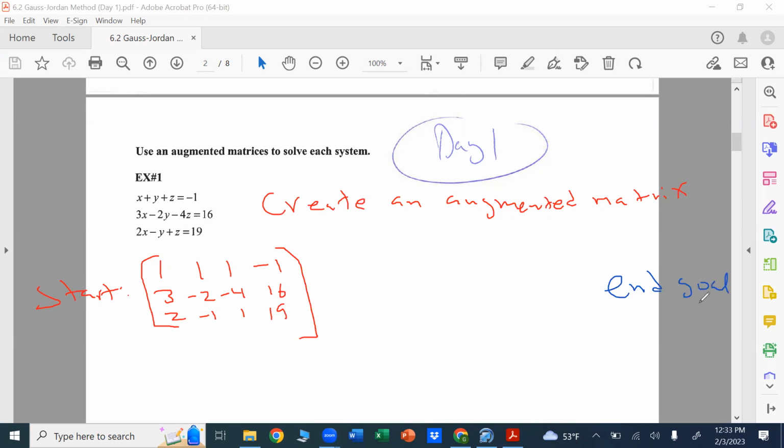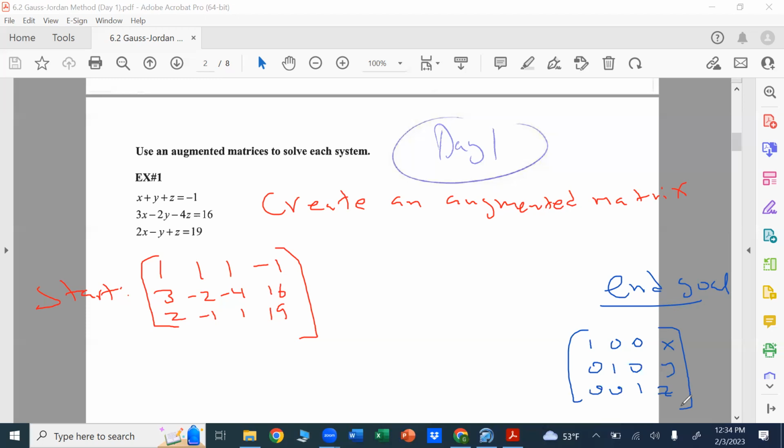Our end goal is to make it look like this: first row 1, 0, 0, and whatever x equals; 0, 1, 0, whatever y equals; 0, 0, 1, whatever z equals. Just so you know, the last column's not going to be letters. It's going to be what x, y, and z are numerically. If the first 3 columns look like this, then x equals this number, y equals that number, z equals that number. So that's going to solve the system for us.